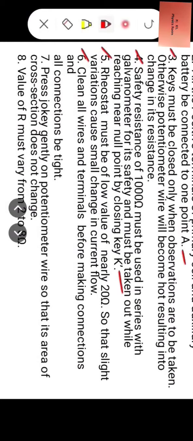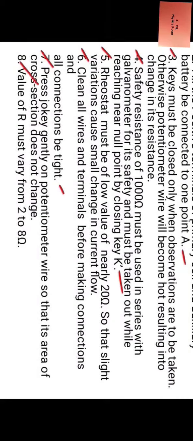Sixth, clean all wires and terminals before making connections and all connections be tight. Seventh, press jockey gently on potentiometer wire so that its area of cross section does not change. Eighth, value of R must vary from 2 to 8 ohm.